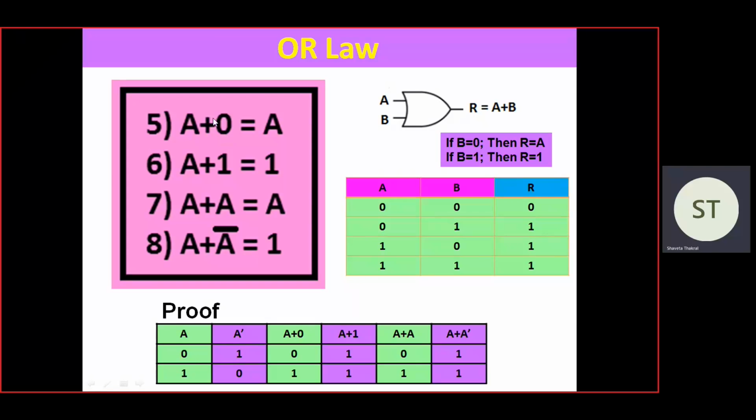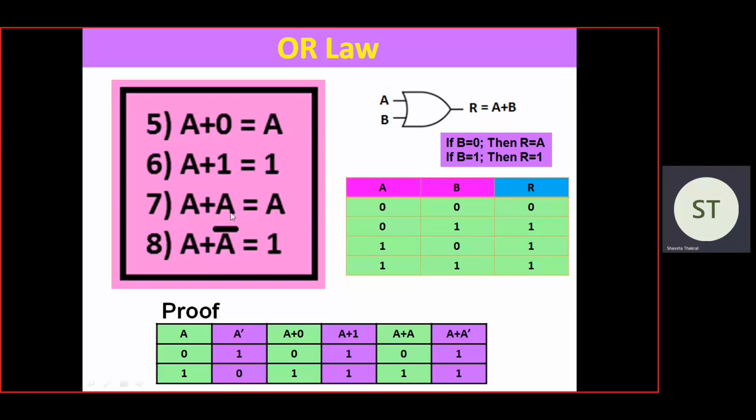If one of the inputs is fixed to 0, the output is the same as the other input applied, that is equal to A. And if the other input is fixed to 1, then the output is 1 irrespective of the applied A. So if one of the inputs is fixed to 1, then the output will be 1.